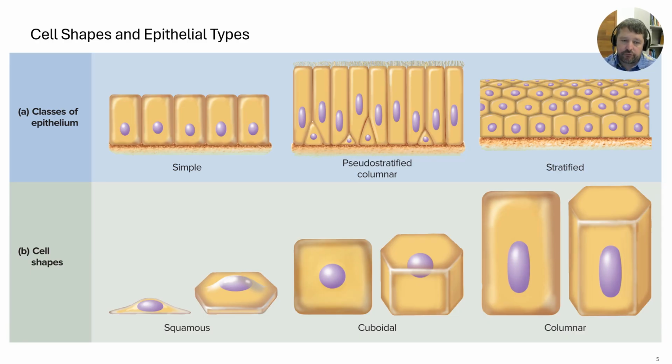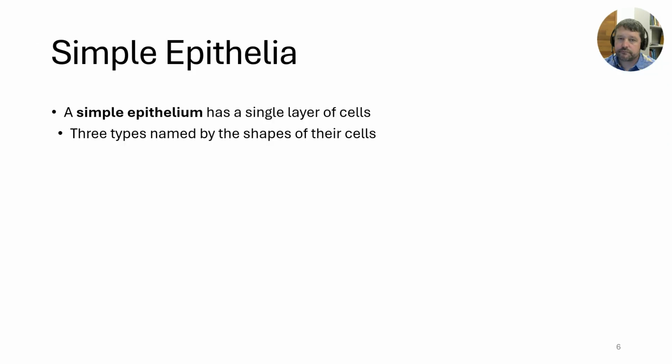Cell shapes. Squamous means they're squished, typically laterally compressed. Cuboidal, again, I talked about this before. The width and the height are about the same. Columnar, the width is less than the height of the cell. So simple epithelium means it's a single layer thick, and then you have those types of cells.